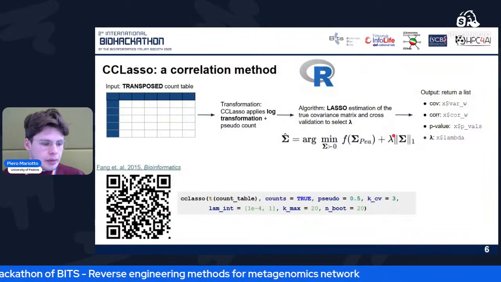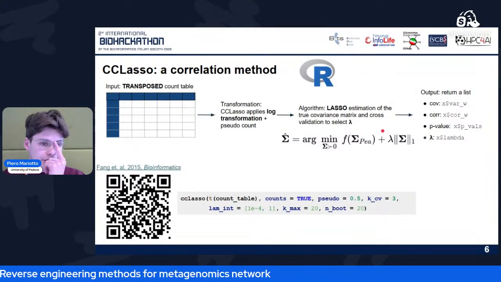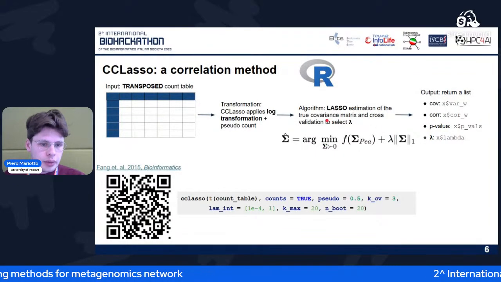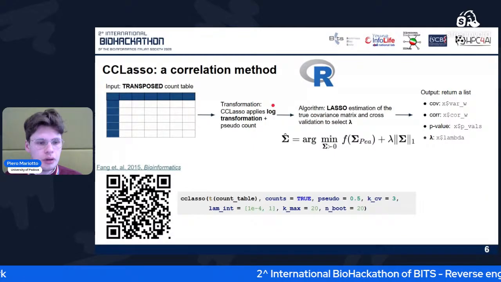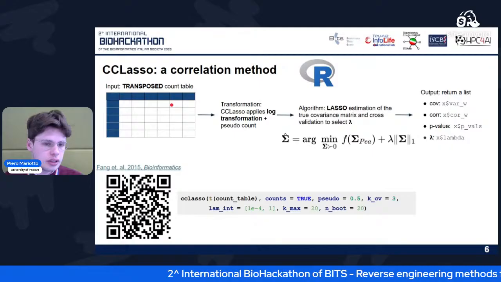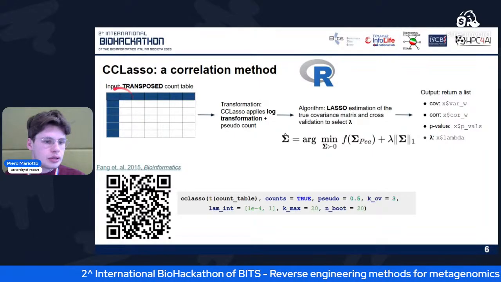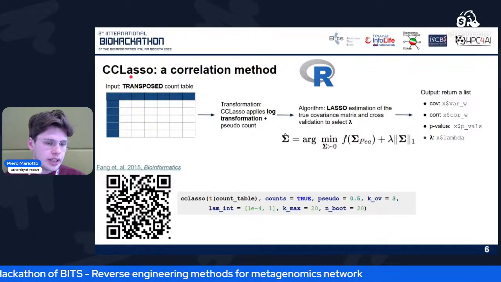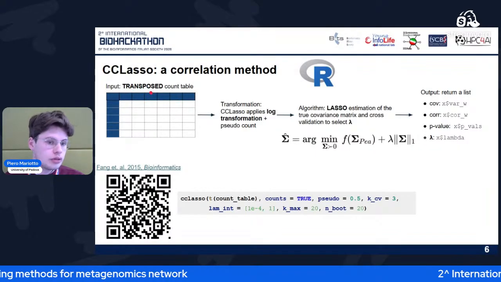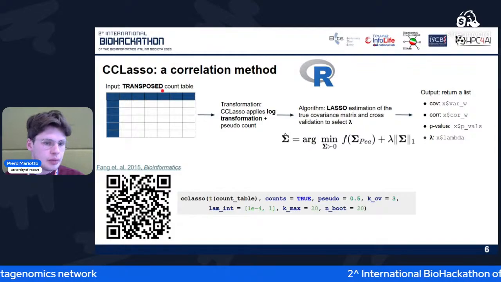So one of the methods that was developed ad hoc for the inference of microbial interaction networks that uses correlation is CCLasso. I will go over it very, very quickly, just to let you know. So in input, you have your 16S count table. Note that CCLasso expects that the columns are the features and the rows are the samples, so you usually need to transpose your input table.